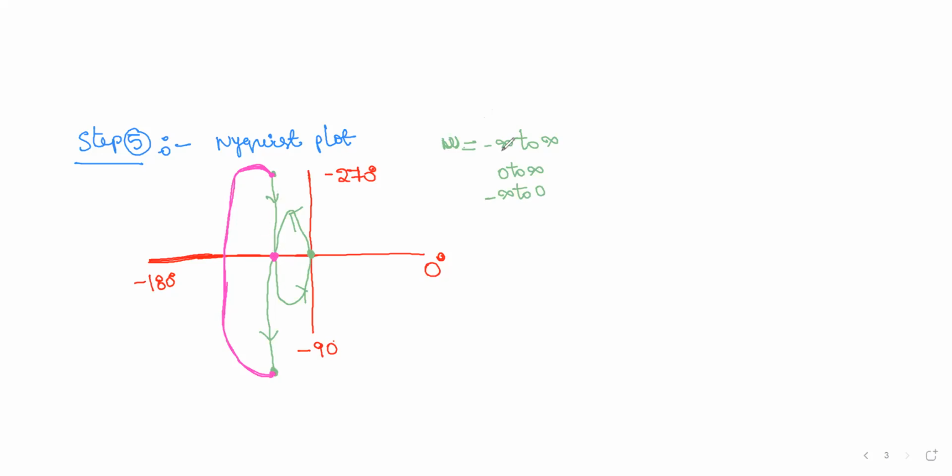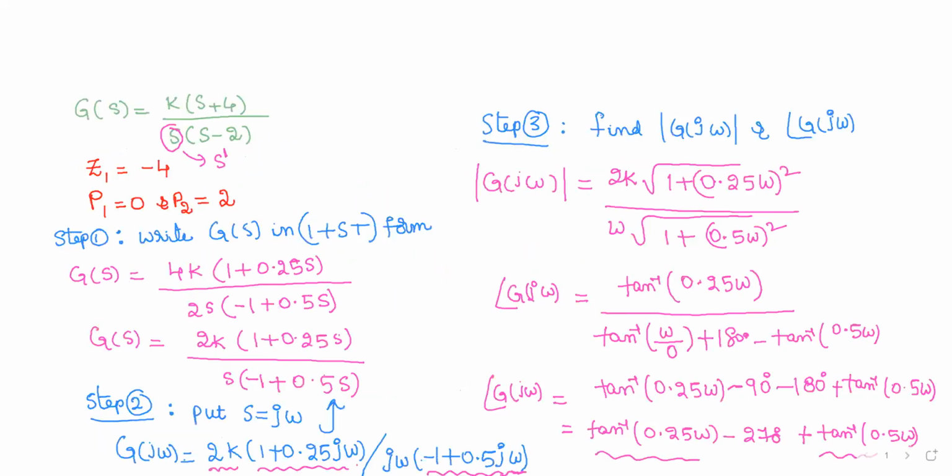So for this, step 6: equate the phase angle equation to minus 180 degrees, in order to calculate the intersection point. So what is the phase angle equation here?